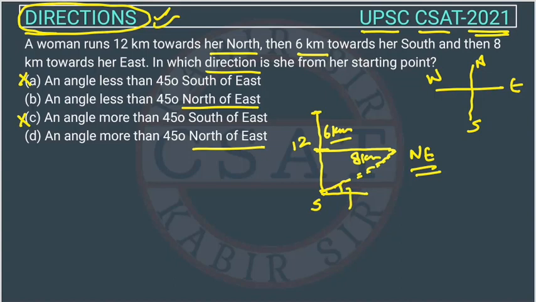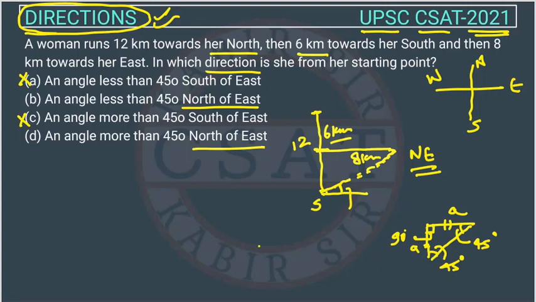So now we need the concept of mensuration. This is 90 degrees. If this distance is suppose A and this distance is also A, then this angle and this angle are 45 degrees, because this is a right angle triangle.